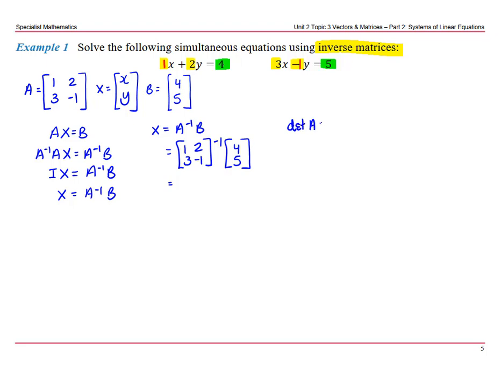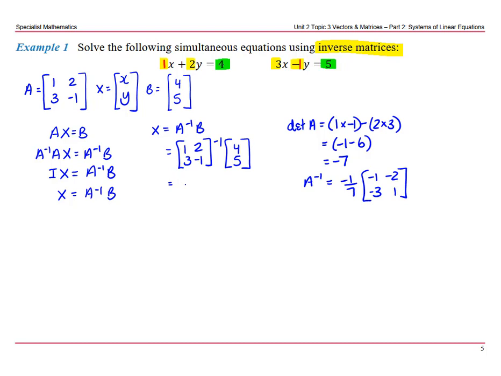So the determinant of A is the first thing we do to make sure it has an inverse. So 1 times negative 1 minus 2 times 3. So that's negative 1 take 6, which is negative 7. So the inverse of A is negative 1 over 7 times negative 1, negative 2, negative 3, 1.